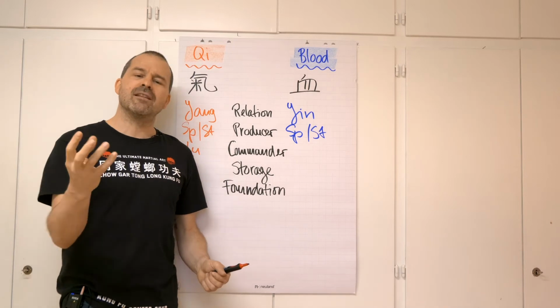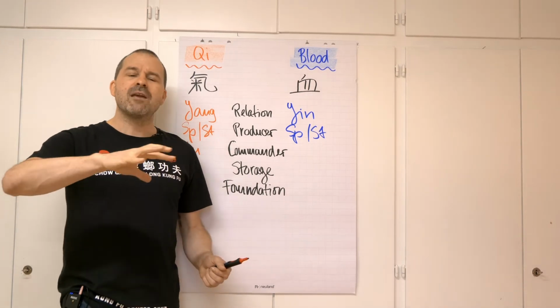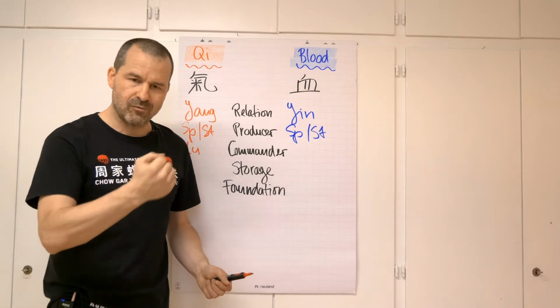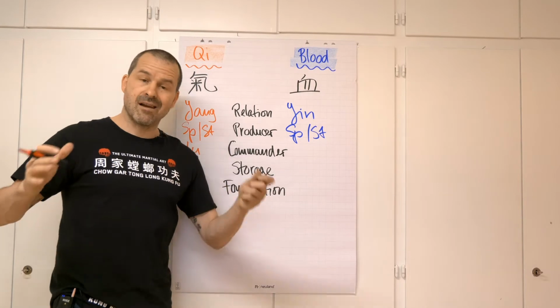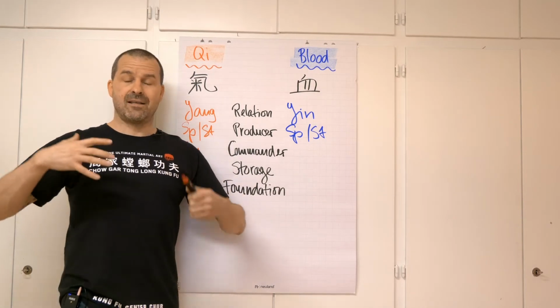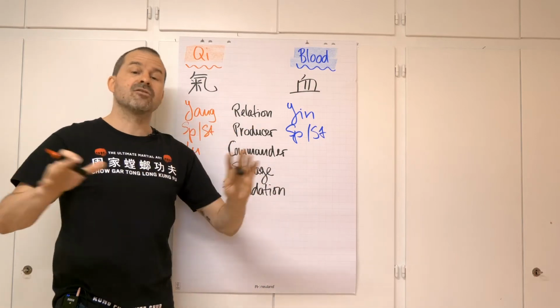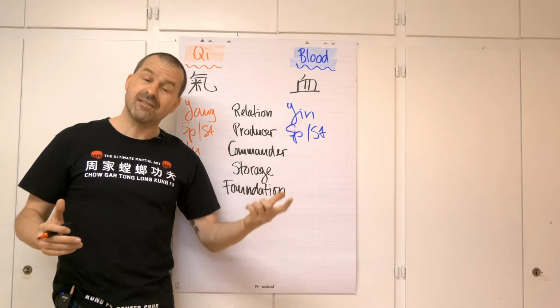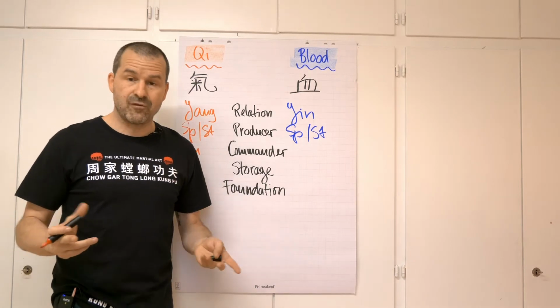It's not as thick as blood, but it's a vapor with a lot of strength. This vapor is created in the lungs, and the lungs collect all this vapor and then lead it to circulate this qi through the body, so every cell gets enough qi.